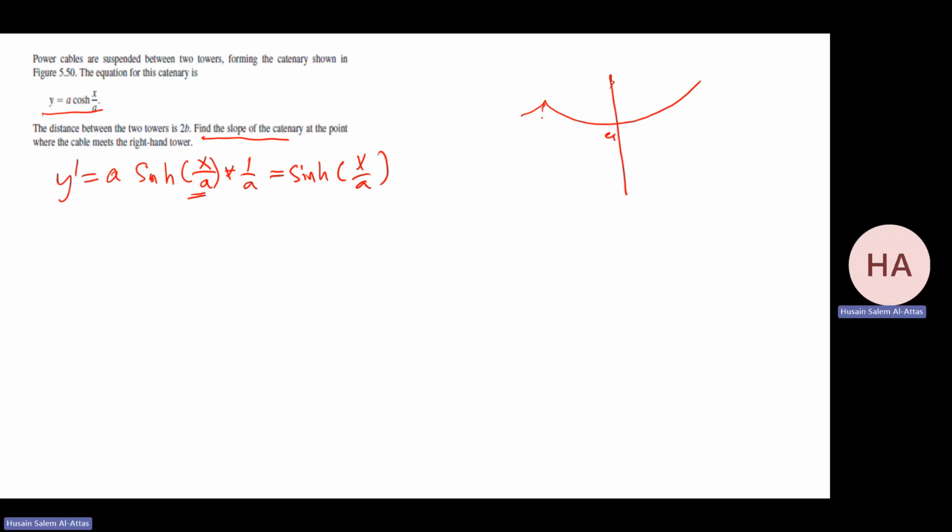I have the tower here, one tower here at minus b, another tower here at b. So he wants the slope of the cable at the point where the cable meets the right-hand tower. When it meets the right-hand tower, it means x equals b. So he wants y prime at x equals b. That will be sine hyperbolic b over a. He said the right-hand tower.